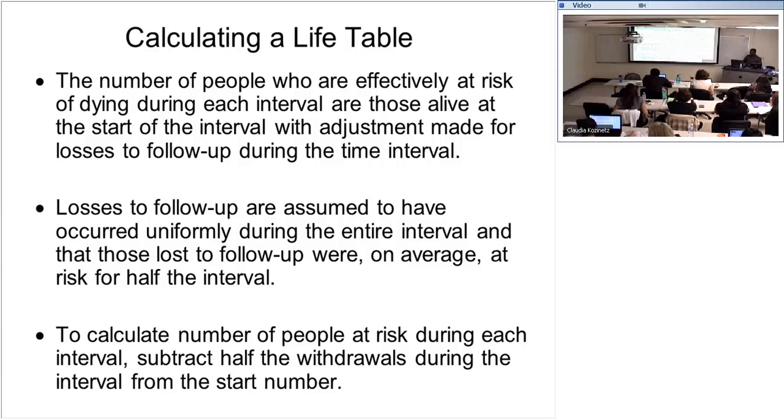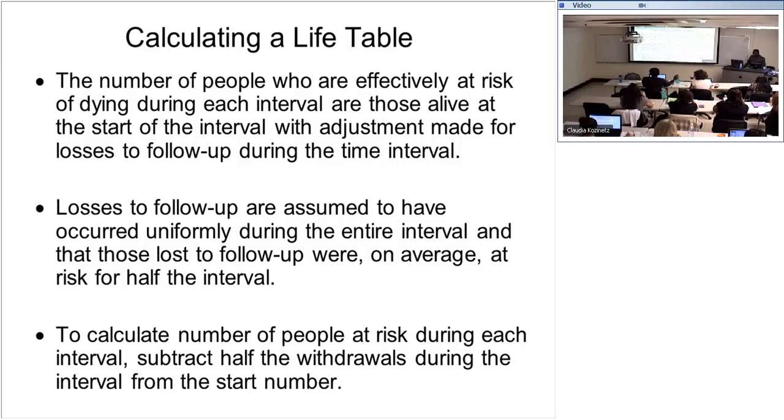When we get to the loss to follow-up, one assumption we make is that loss to follow-up occurred uniformly. Sometimes it may not. Probably somebody was lost to follow-up after the first week, another person just before we measured.